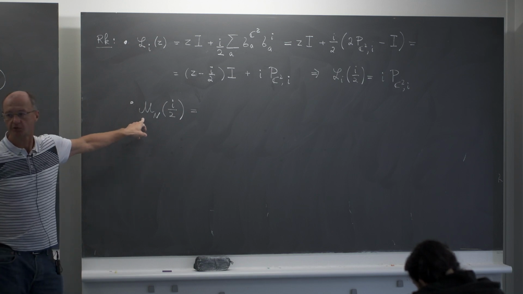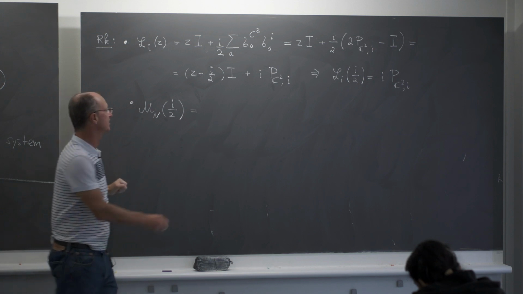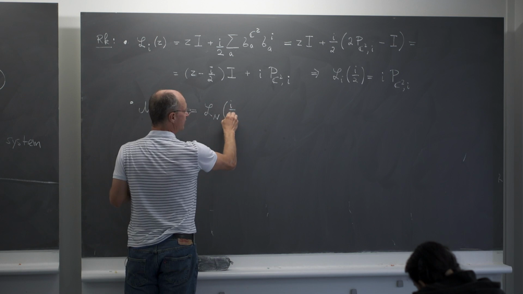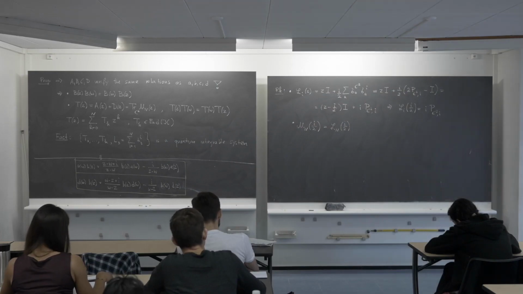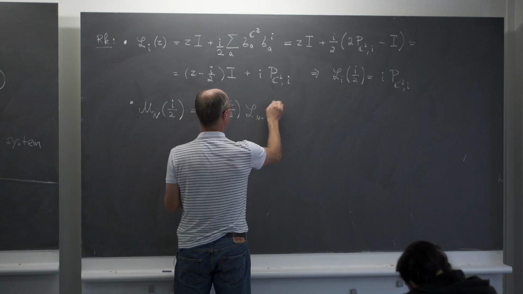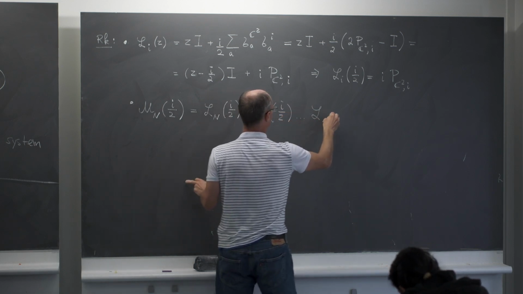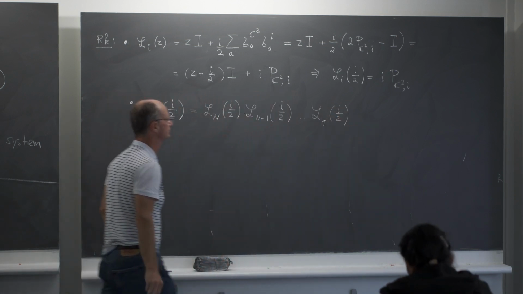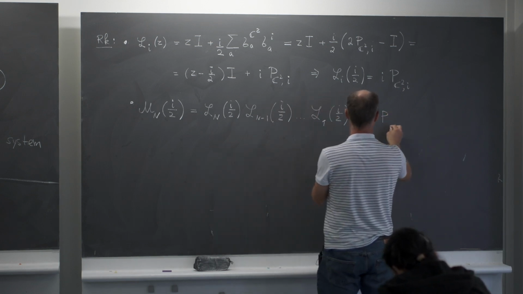It's interesting to compute what this transfer matrix looks like at that point. So this is L_n(i/2), L_{n-1}(i/2), and so on, L_1(i/2). And this is equal to i to the power n times P_{An}, P_{A,n-1}, and so on, P_{A1}.